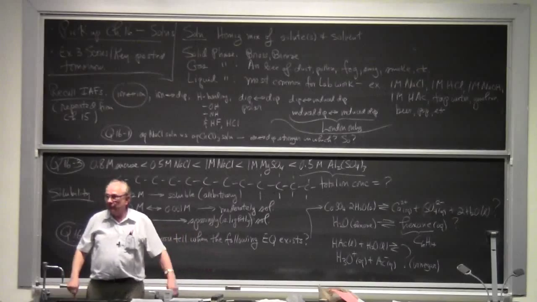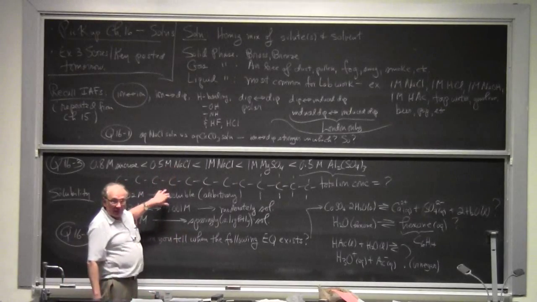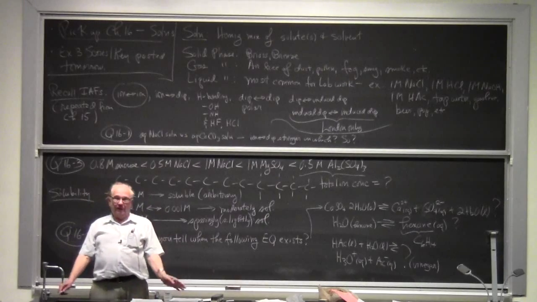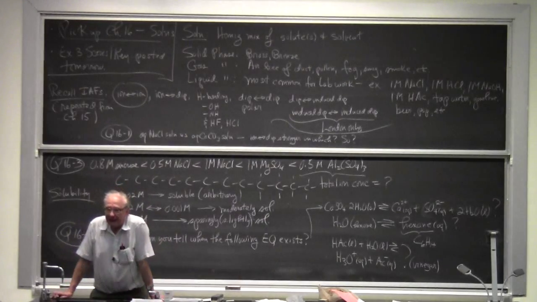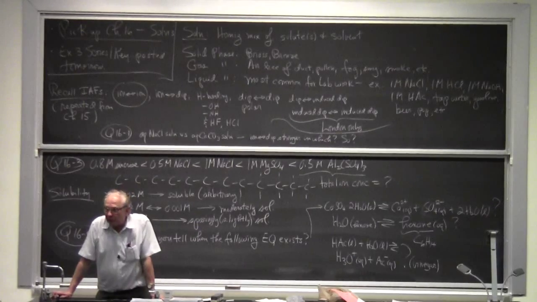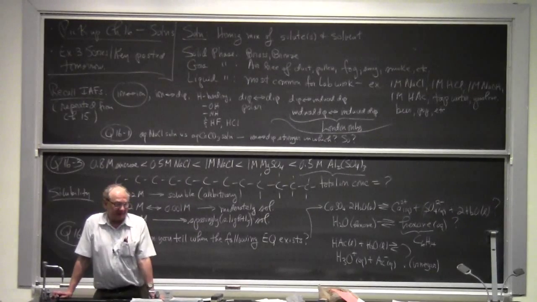You can put an OH group on every one of these carbons, but some of them are up relative to others being down. And you can learn about optical activity of asymmetric carbons and a bunch of stuff, which we should have talked about this term, but it wasn't considered fair game by my colleagues. So we won.